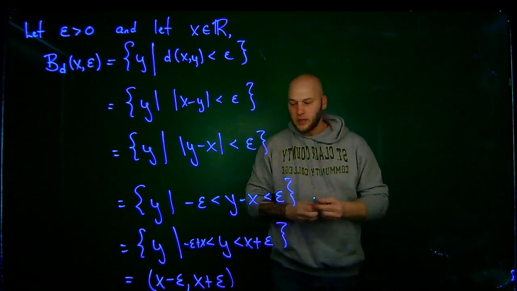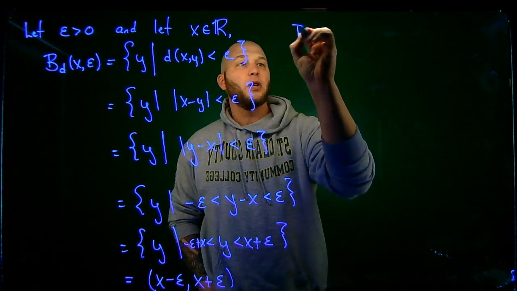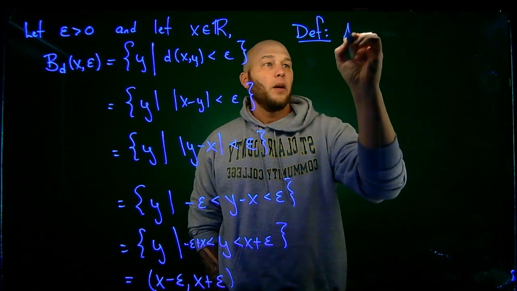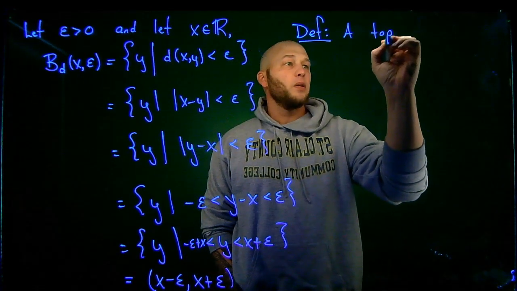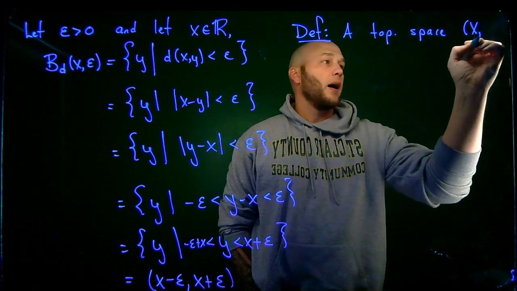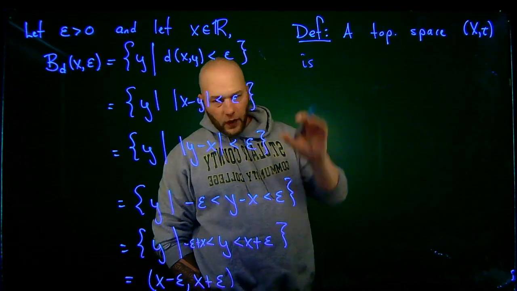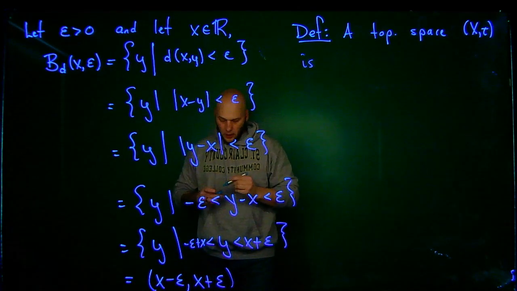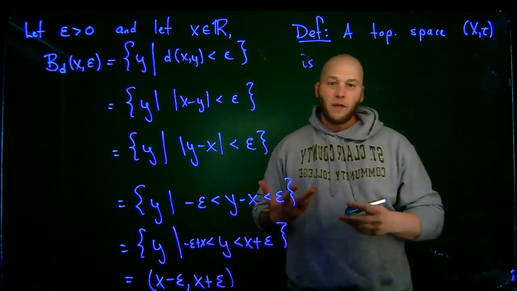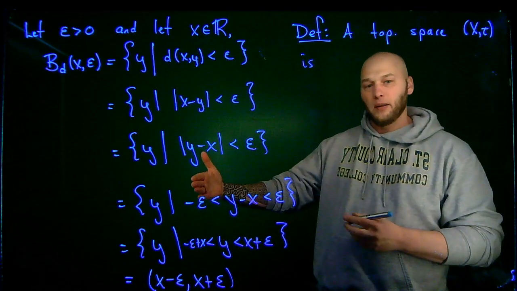Before I give another example, let me give a definition, and then we'll do an example after that. So definition: a topological space (X, tau) is, now let me, before I finish the sentence, it's sometimes possible, so if I have a metric space, I can use that metric to define a topology, right?